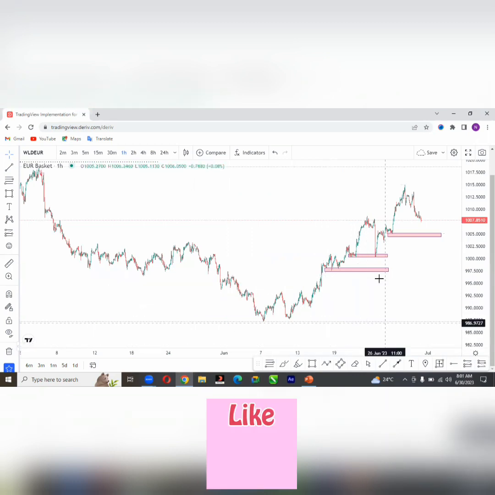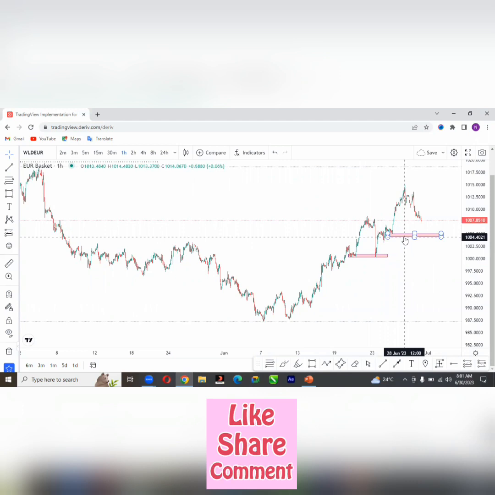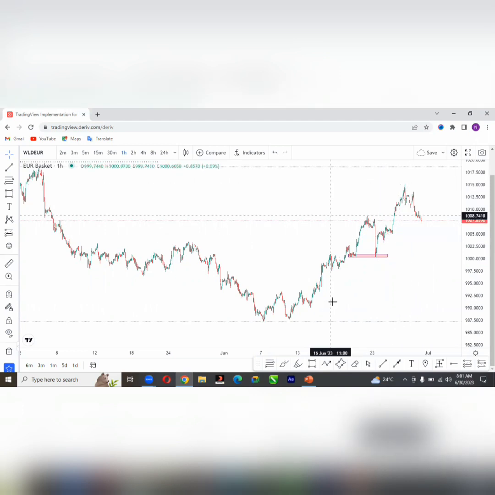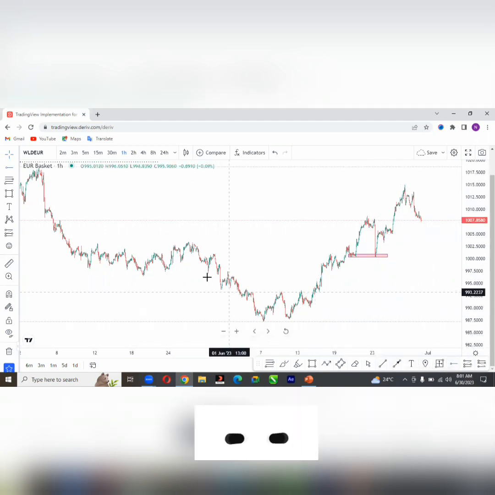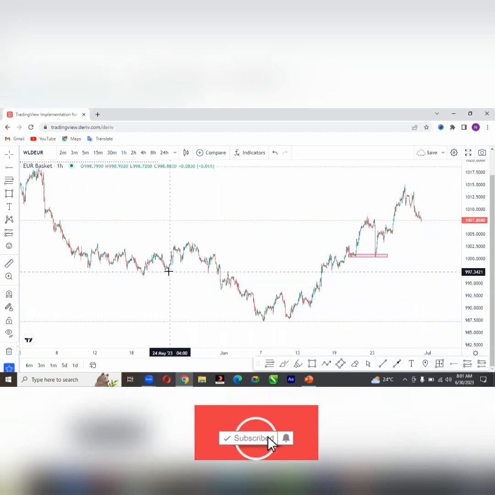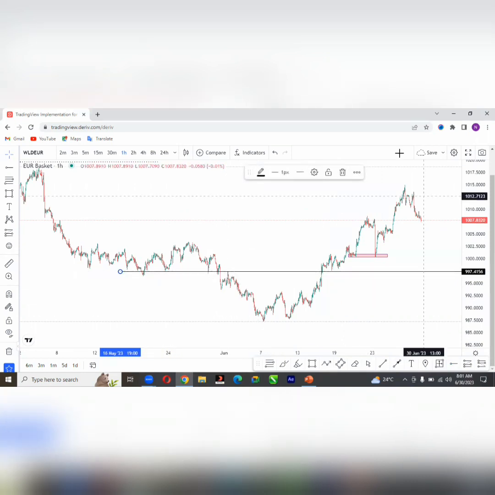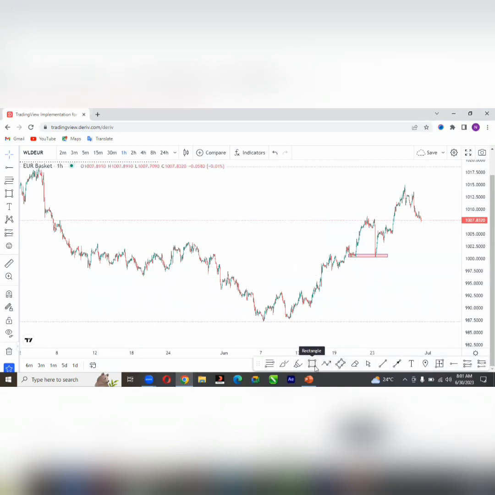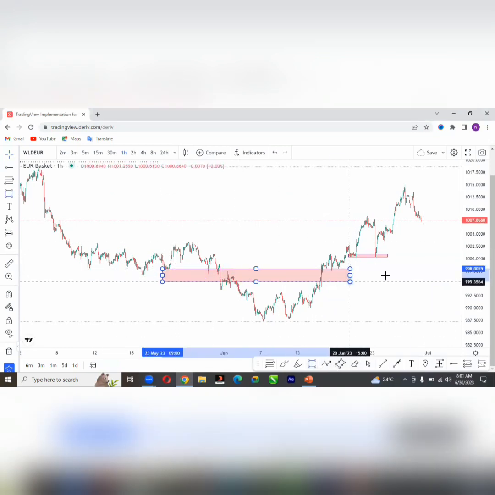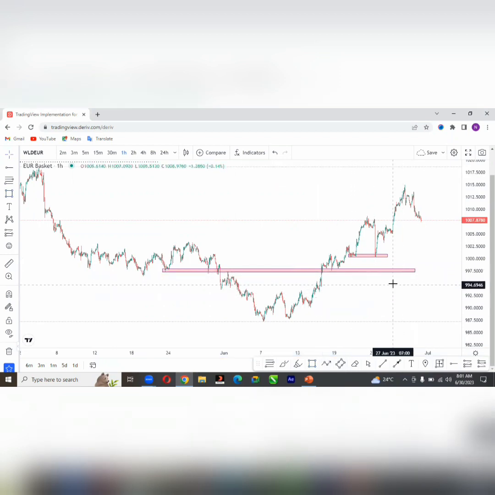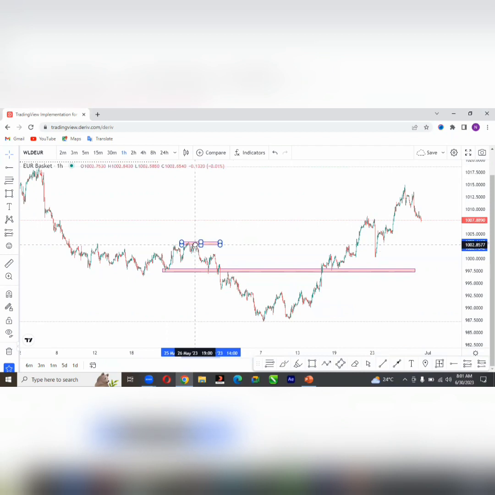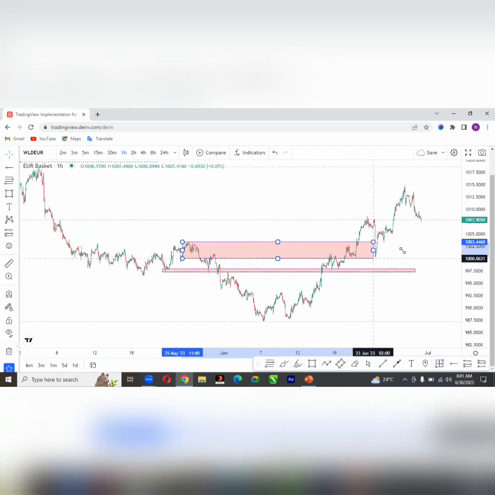For example, let me look at this. Let me use my rectangle instead. So you can see that zone where your support becomes resistance and your resistance becomes support.